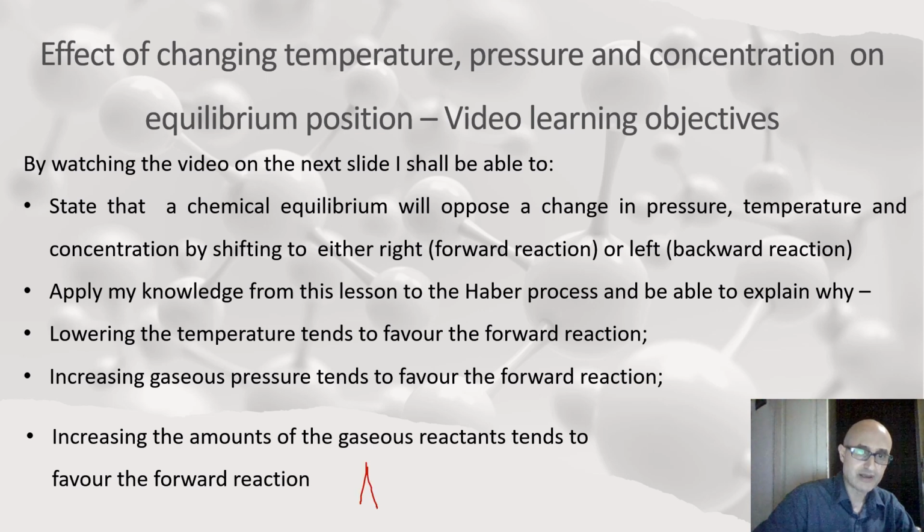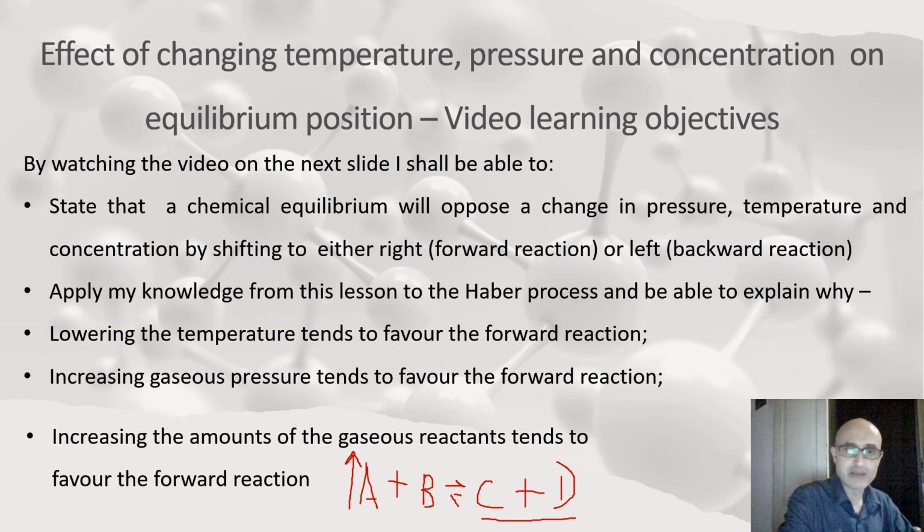Basically, if we had to consider this chemical reaction, which is an equilibrium where A and B are forming C and D. Besides moving around the pressure and the temperature, let's say I wanted to produce more of the products C and D. I could do this by increasing, for example, A. If I increase the starting amount of A, the system doesn't like that increased amount of A. It tries to remove that increased amount of A. How can it remove that increased amount of A?